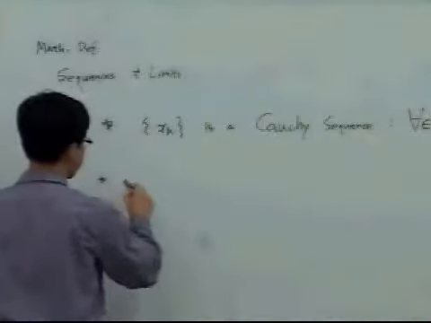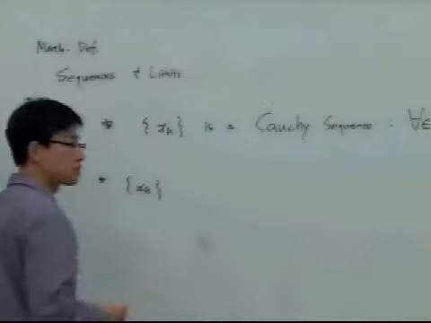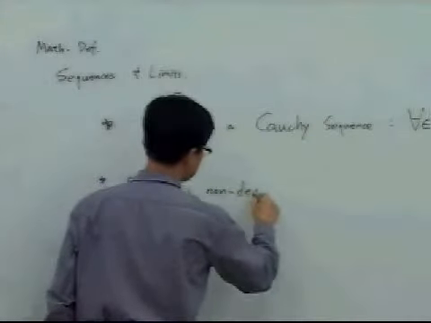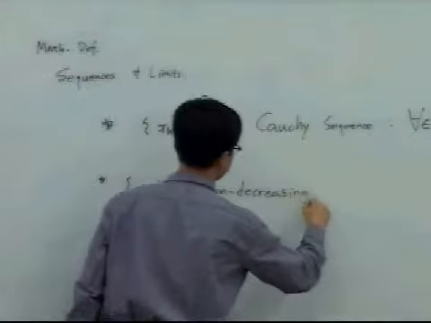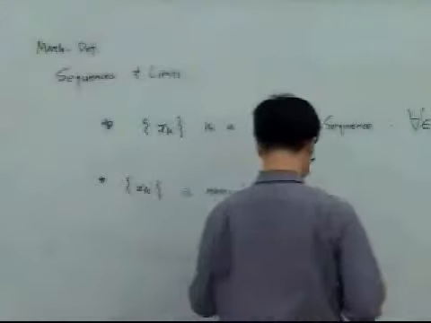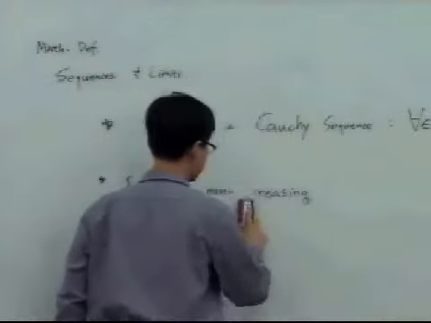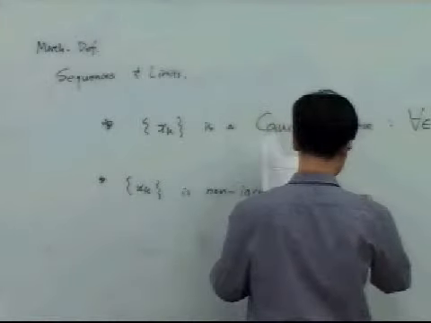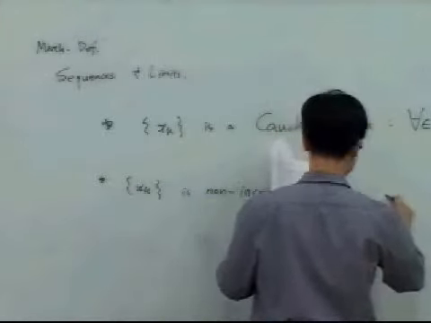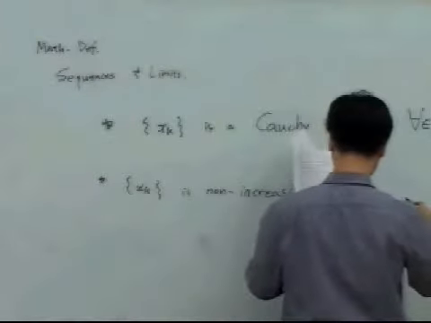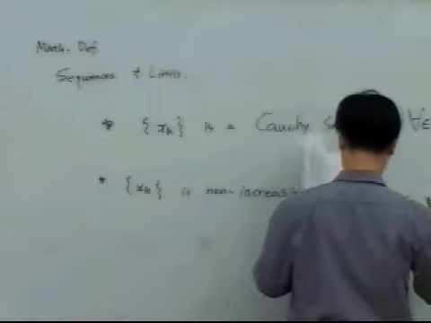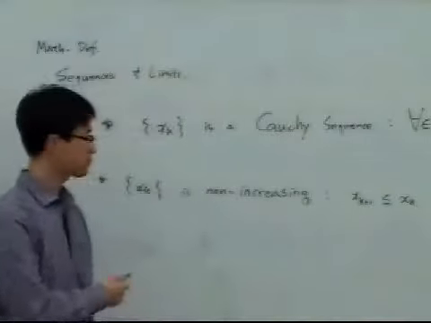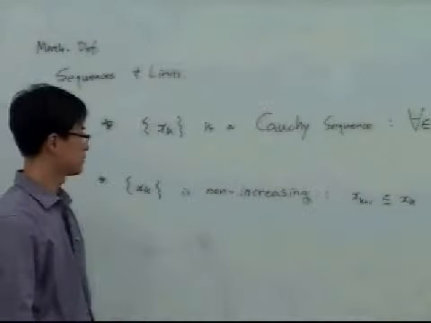Another thing: a sequence x_k. We call a sequence non-increasing first, if it satisfies x_{k+1} is less than or equal to x_k for all k. Okay?